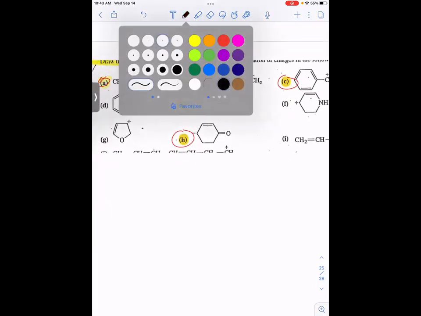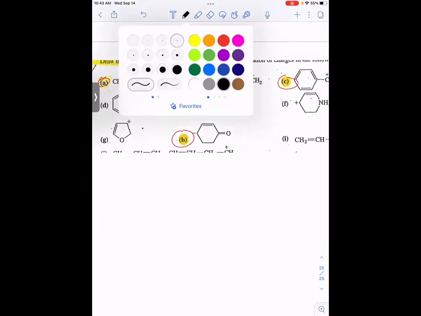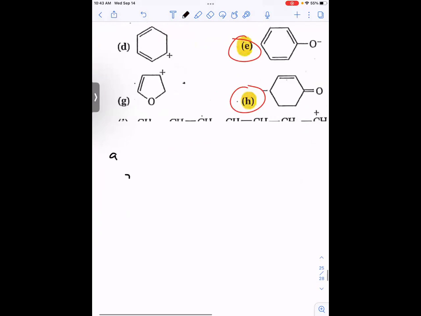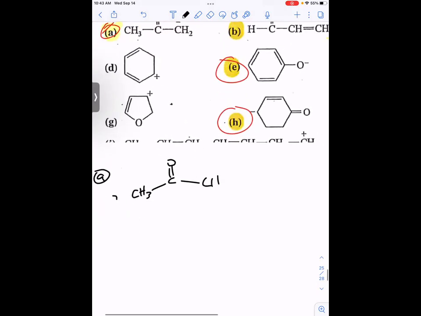So that's CH3, C double bond O, CH2 minus. What type of system is this?